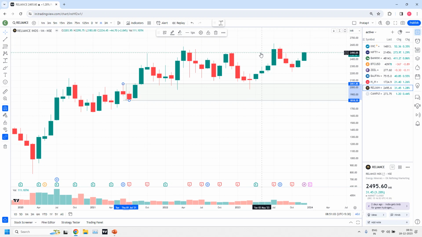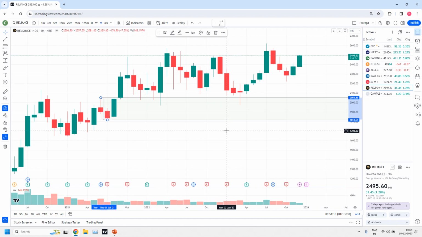So is it having any supply zone? No, there is no supply zone here. That means this demand zone is an all-time high demand zone. What is an all-time high demand zone? It is a demand zone that does not have a supply zone, and it should be the nearest demand zone to the all-time high compared to all other demand zones in this chart.